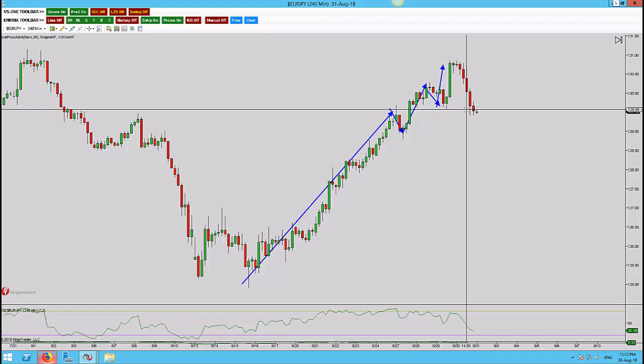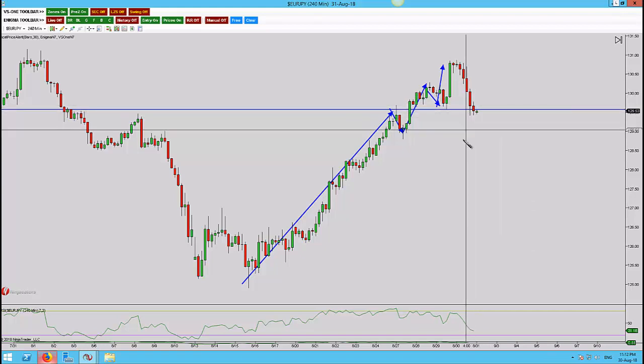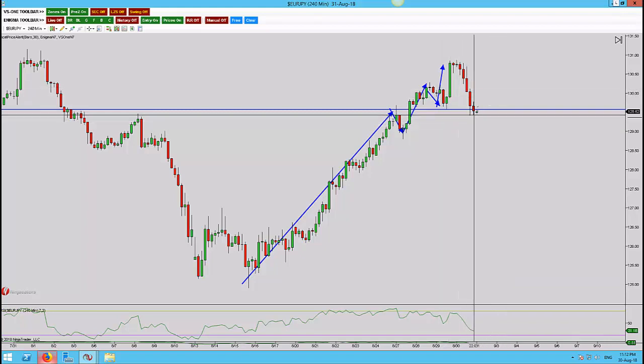Quite importantly, if we put a structure level in there, we've closed in this wick. It's not actually a violation because we've not closed below the wick, but to me this is indicating, based on yesterday's candle, that we're going to go lower.